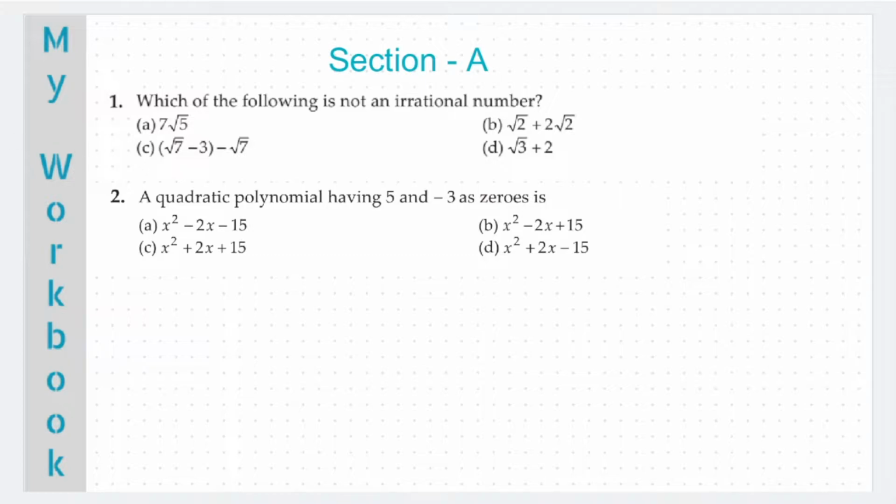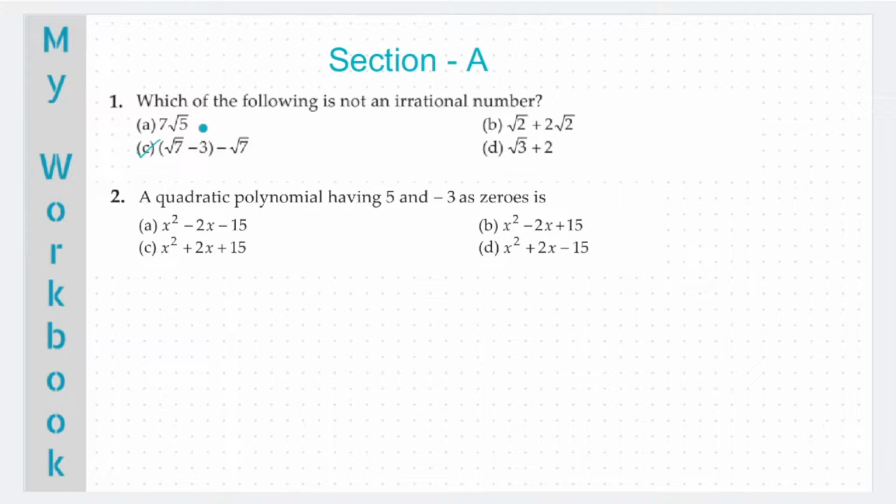For the first sum, the correct answer is option C, root 7 minus 3 minus root 7. They have asked which is not an irrational number. Square root of a prime number is an irrational number, and if you add or multiply or subtract any integer with an irrational number, the result will still be irrational.